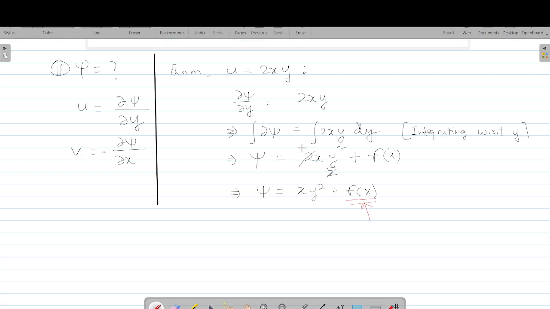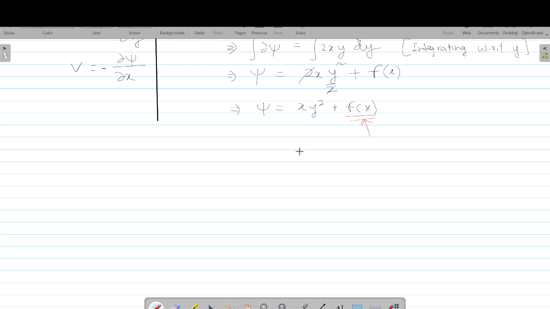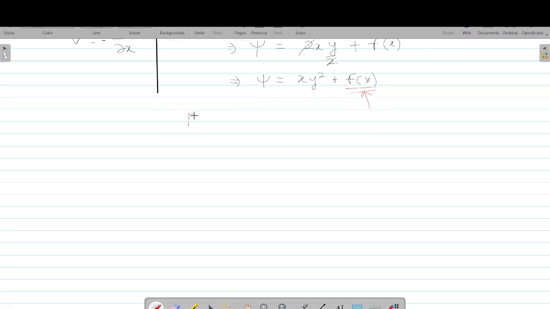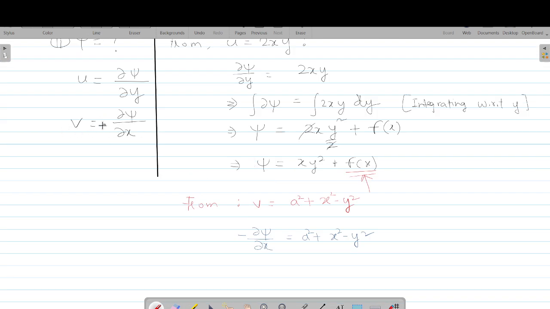So for that particular reason, I will do something like this. V is also given, right? V is given as a square plus x square minus y square. I am just going to put this value in the equation: negative d psi by dx is equal to a square plus x square minus y square. According to the equation, you can see that the value of V can be written like this.